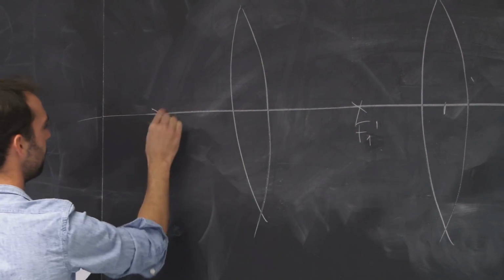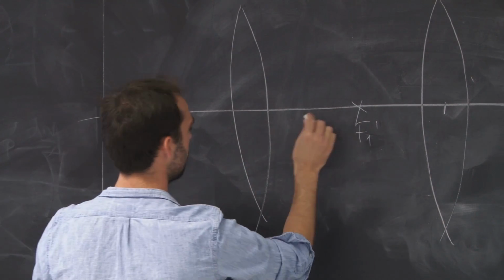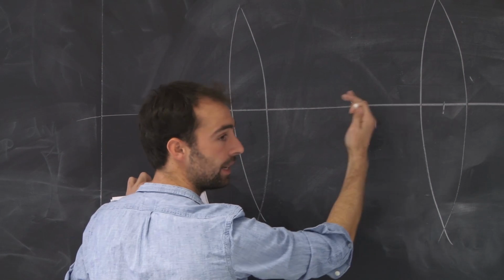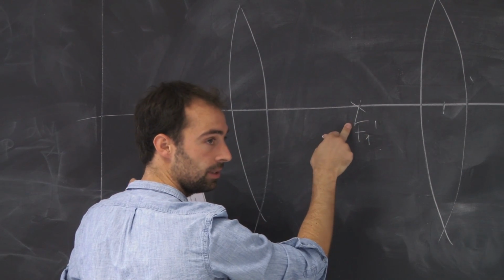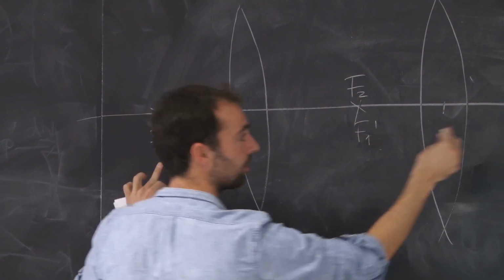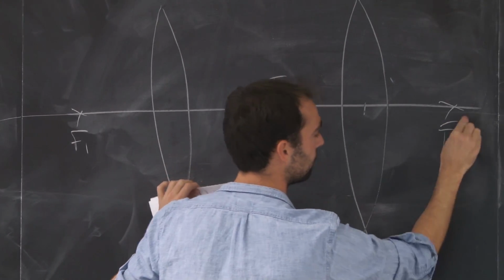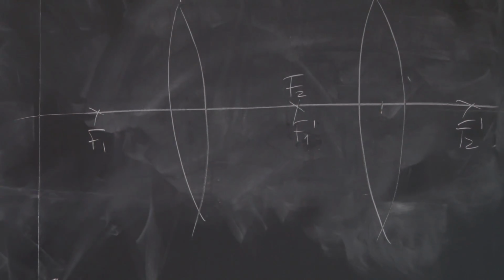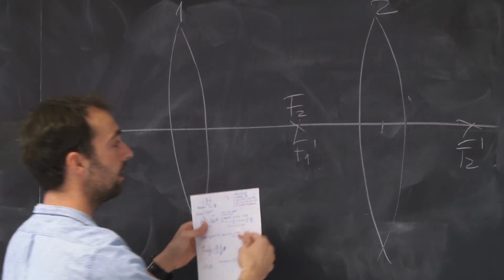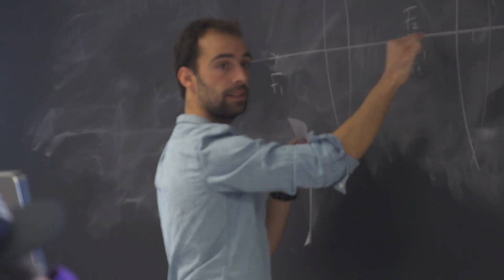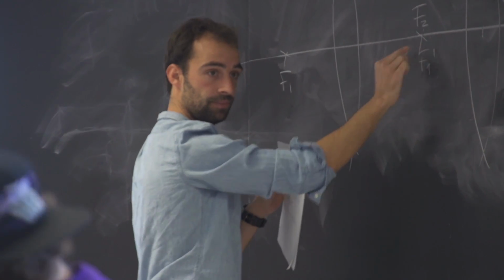We have f1 here, and this focal point over here and this focal point here have to be at the same point. So this is going to be f2 and f1 prime, and this is our f2 prime. This is our first lens, and the second lens. We have to play with these two until we find that both focal points are at the same point, the same distance.